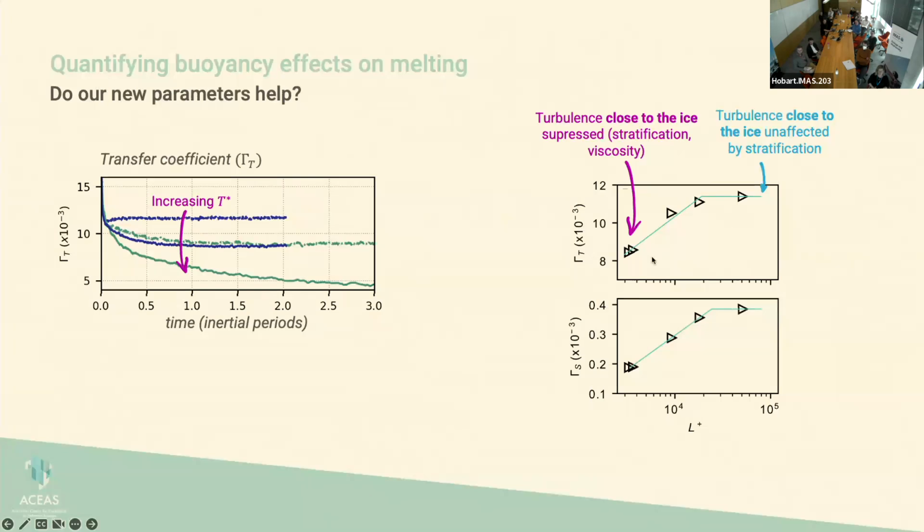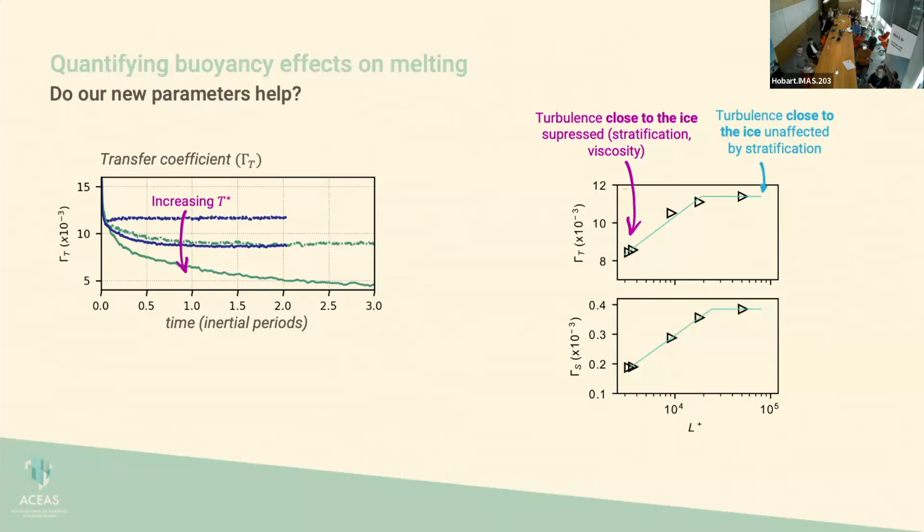But yeah, what's happening on the end to the left is that turbulence really close to the ice is being suppressed. And this is actually not just stratification, but also the effects of viscosity, which we don't have to talk more about. And then on the right-hand side, turbulence close to the ice is not being affected by stratification.